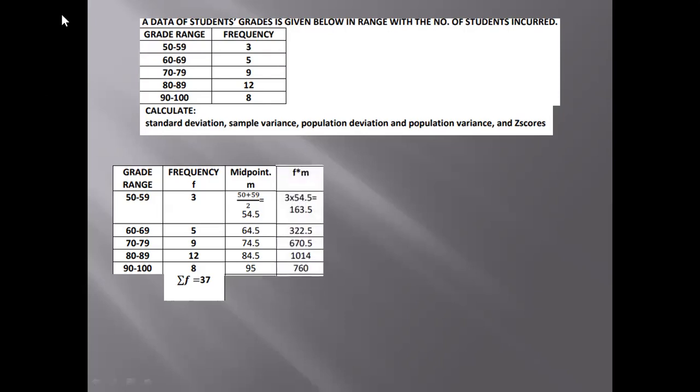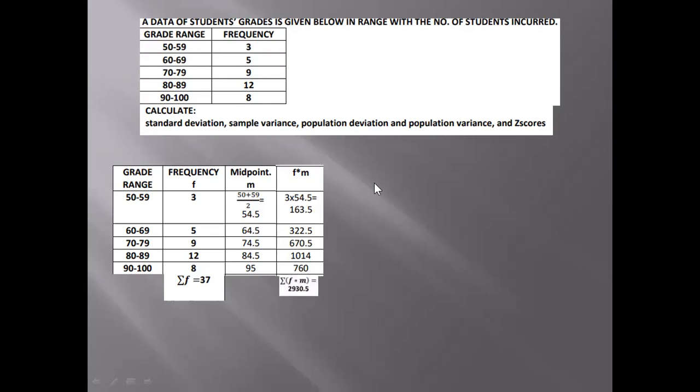For the fourth column, you're going to solve for frequency multiplied with the corresponding midpoints. For the range 50 to 59, your frequency is 3 multiplied with the midpoint 54.5, which gives us 163.5. The values are 322.5, 670.5, 1,014, and 760 for the ranges 60 to 69, 70 to 79, 80 to 89, and 90 to 100, respectively.